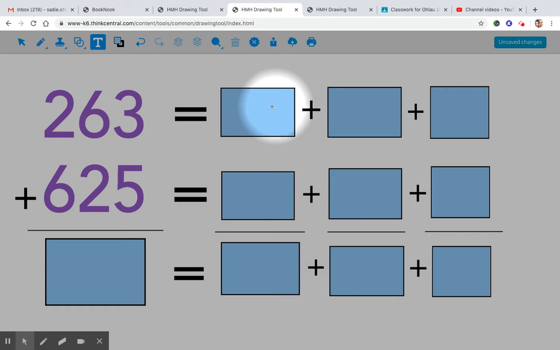That means that right here, I've got 200, plus a 6 in the tens place, 60, plus a 3 in the ones place. 200 plus 60 plus 3 is 263.